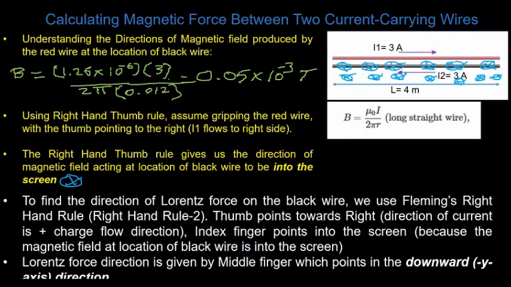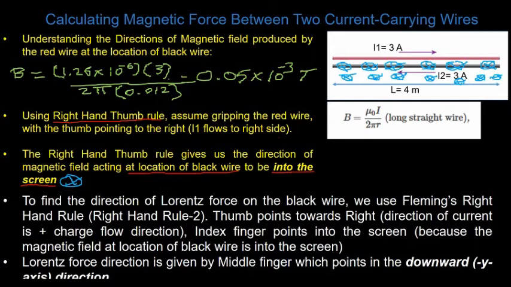Let us understand the direction of both the magnetic field produced at the location of the black wire and the Lorentz force experienced by the black wire. Using the right hand thumb rule, we can figure out the direction of the magnetic field produced by the red wire at the location of the black wire.